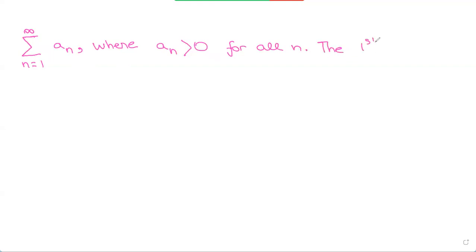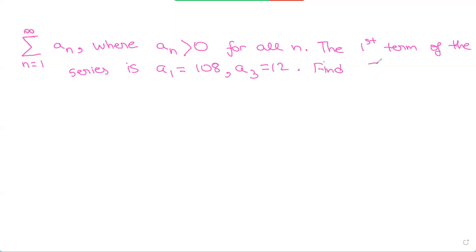The first term of the series is a1 equals 108 and a3 is equal to 12. We have to find what the value of the sum from n equals 1 to infinity of an is. So let's go about solving this.